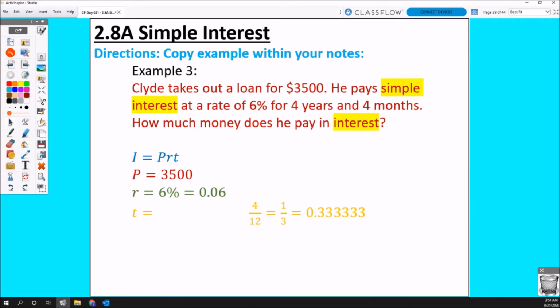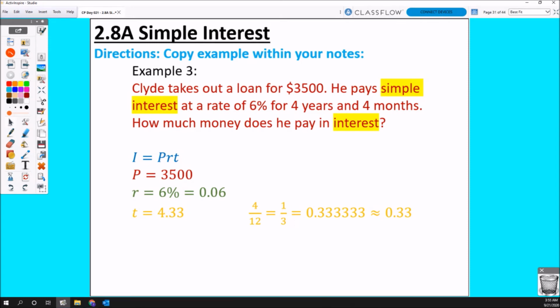So the shorthand would be 0.033 or approximately 0.033. Now that's the decimal form. That's for the 4 months. Since we know that it's 4 years, then we just combine it with the decimal, which is 0.33. So t is actually 4.33 to represent 4 years and 4 months.